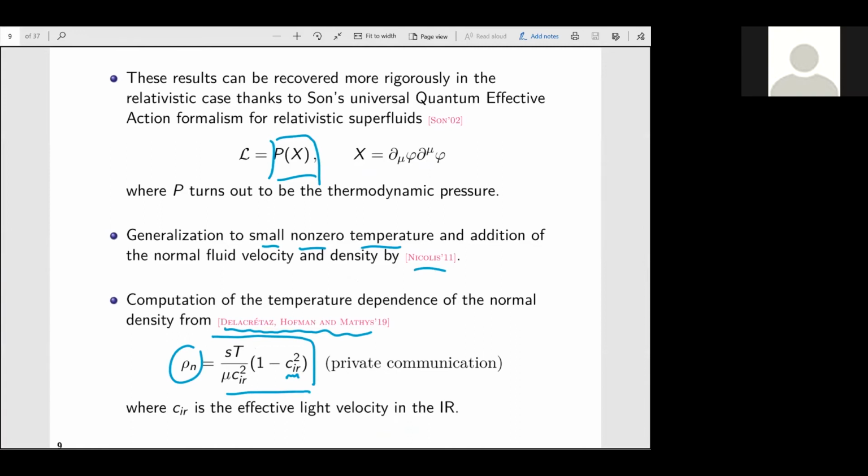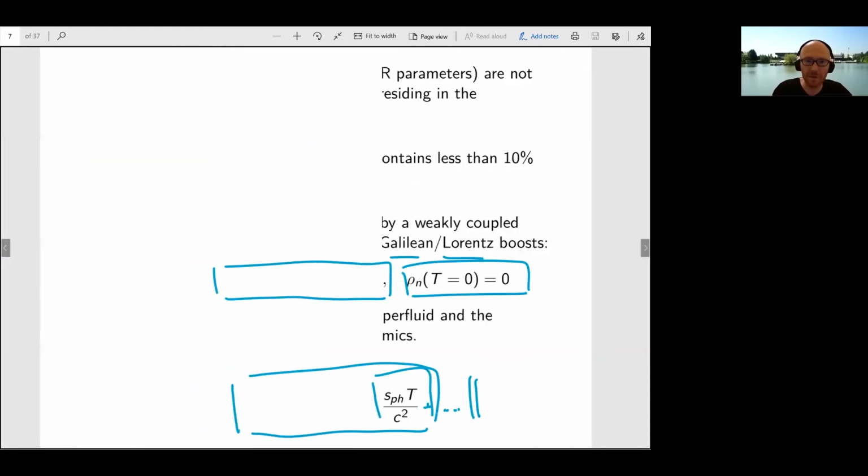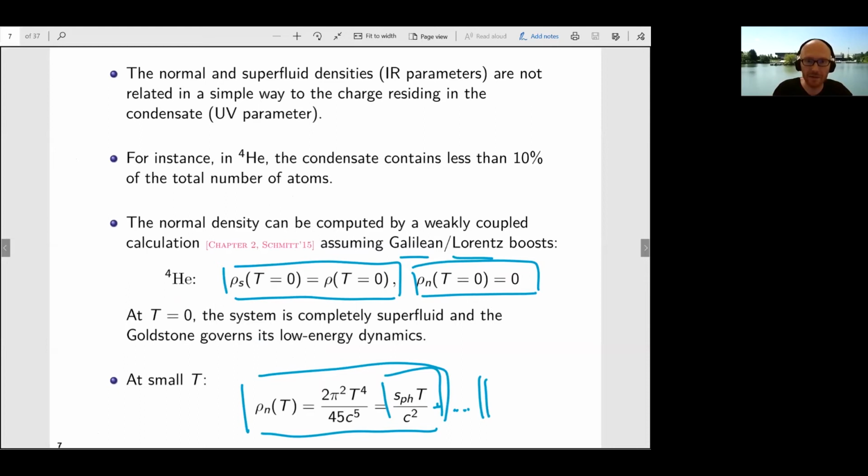Blaise, one question. Yes. What do you mean by effective light velocity? Do you mean the velocity of the Goldstone mode? Yeah. So they start by assuming that, not here, of course, but in this calculation, there's a mode epsilon q, which goes like Cq plus higher order contributions.